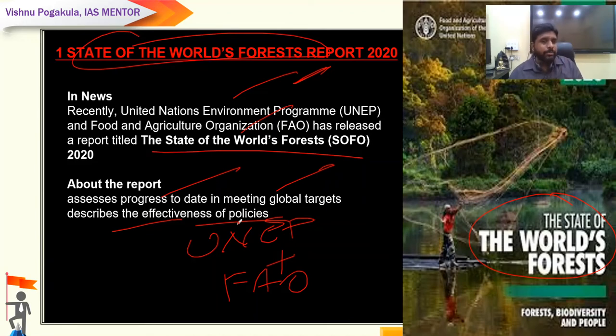For example, India had a policy, the intended nationally determined contributions, INDC, popularly called, which we made in the Paris summit. Whether we are following it or not will be studied by this report, given by UNEP and FAO together.